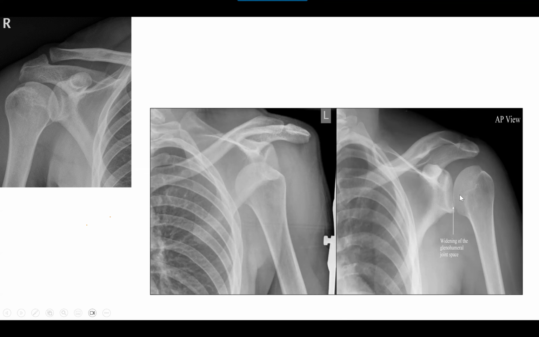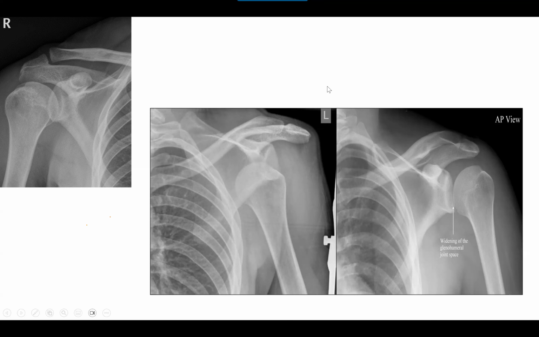How can I judge this dislocation? By the half moon sign. The half moon sign will be lost in posterior dislocation. There is some widening, a gap between the humeral head and the glenoid fossa. It denotes posterior dislocation from this view.